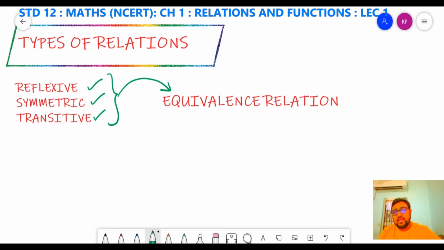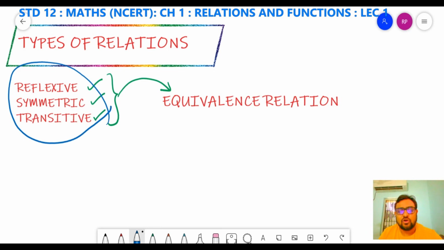So if any one of these three is not true, then the relation will not be equivalent. Means if it is symmetric and transitive but not reflexive, then also it will not be an equivalence relation. Okay, so I hope you got it about the type of relationship.